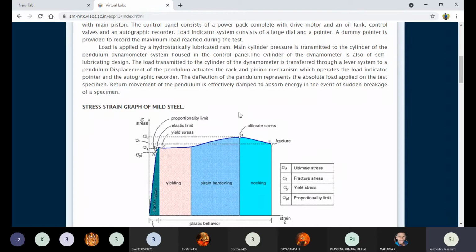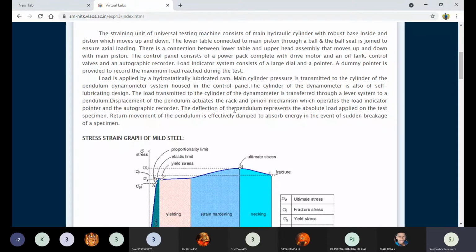Some materials deform very little, some deform more. That is ductility: the percentage of deformation, how much load the material can withstand without fracture. And tensile strength is the ability of the material to undergo plastic deformation without fracture.